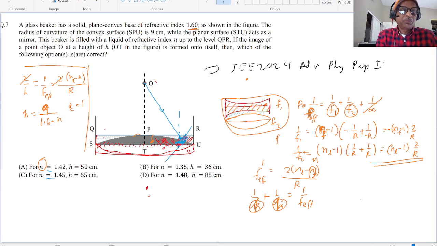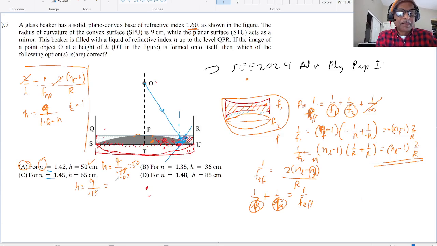So we're supposed to plug in different values of n and see what h comes out. For the first option, plug in 1.42, so h will be 9 over 0.18, and this would be 50, and this is correct. So this is okay. How about this one? h equals 9 over 0.15.